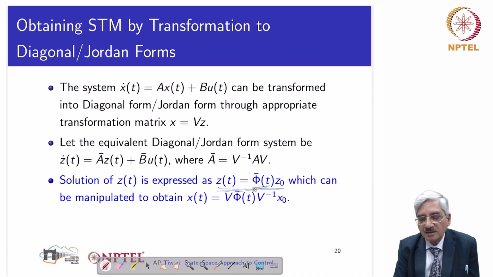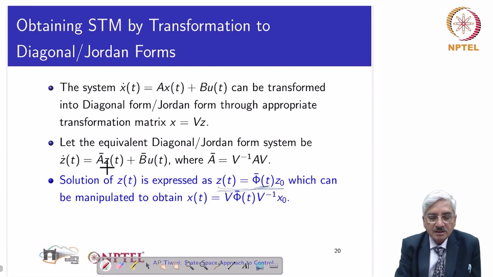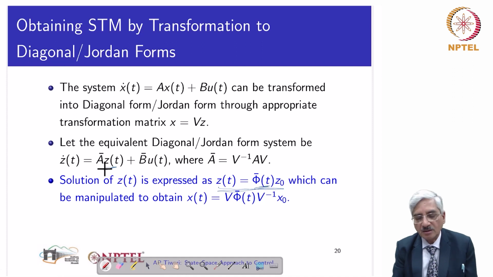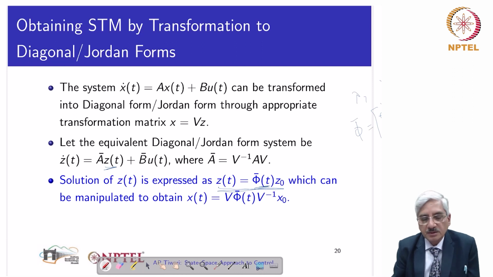Phi bar is the state transition matrix for this diagonal or Jordan form system, which is very easily written. If the eigenvalues are lambda 1, lambda 2, etc., then phi bar will be a diagonal matrix, e power lambda 1 t, e power lambda 2 t, etc. And if it is Jordan form, then 1 will appear here for the repeated roots. So phi bar t is easily written.